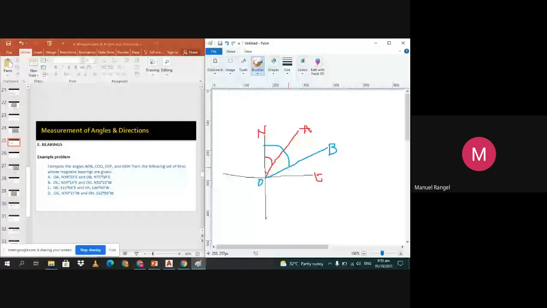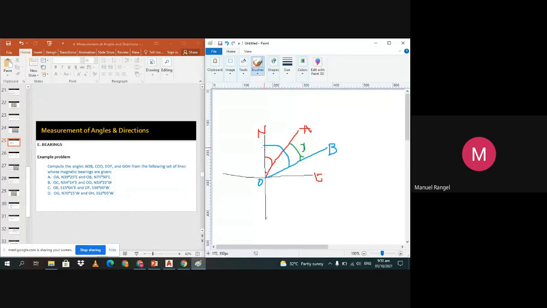So the question is angle AOB. So this angle is what is being asked. Using the bearings, you just subtract.